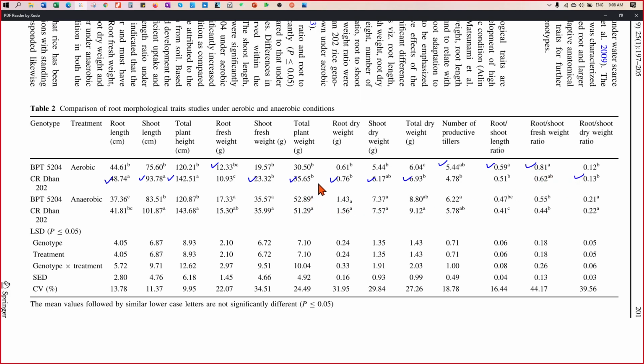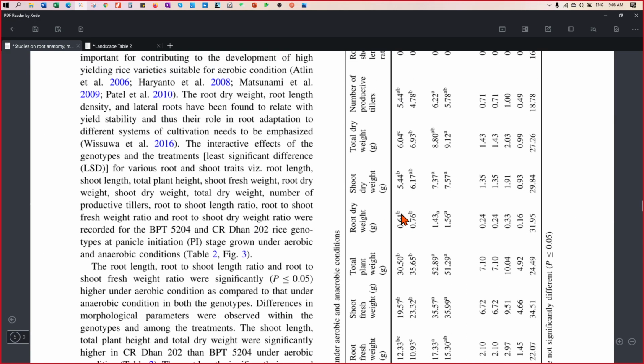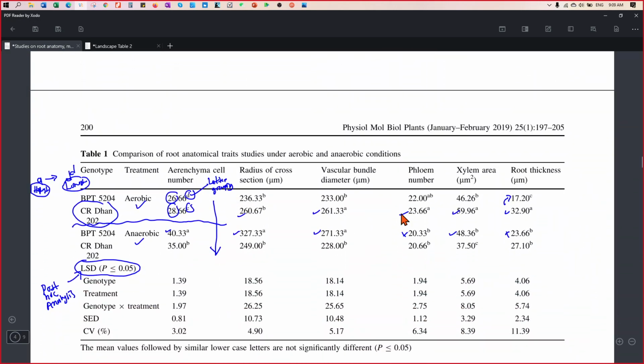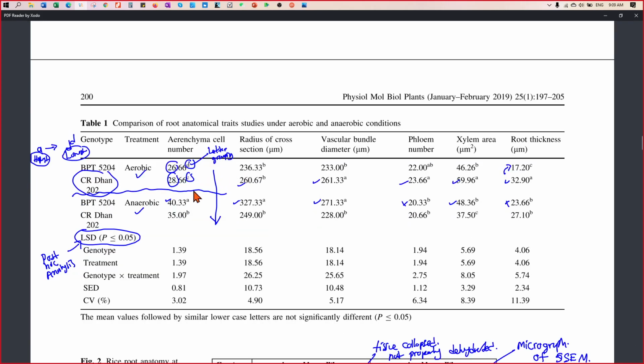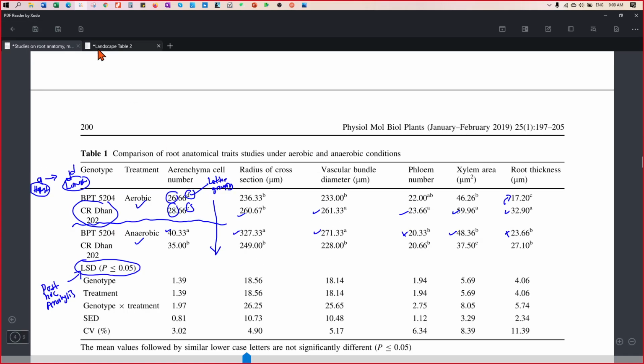So it's not as consistent as the previous observation for the anatomical traits. For the parenchyma and the vascular bundle properties, CR202 is always the higher number compared to the BPT 5204 when it's grown in aerobic condition.